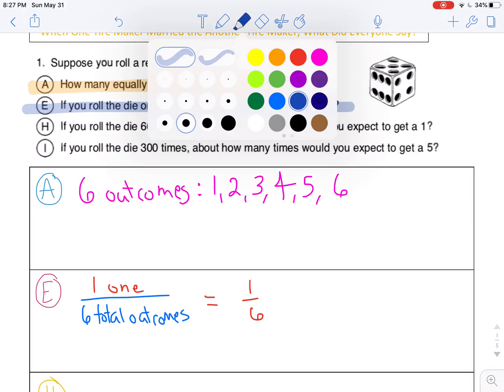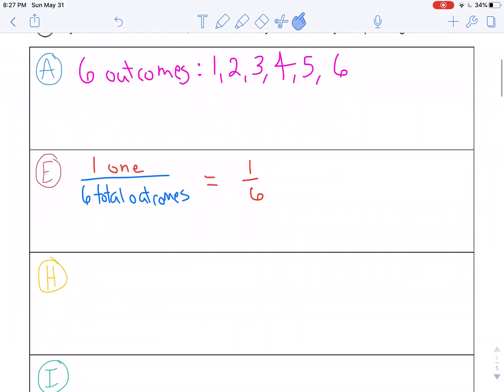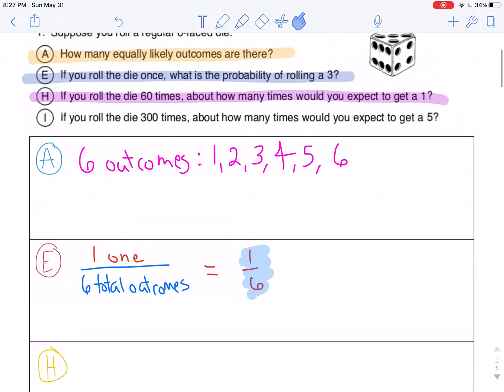All right. H is going to be the last one I do on this page. If you roll the die 60 times, about how many times would you expect to get a 1? Well, from the previous problem, in the E box right above, we said 1 out of the 6 outcomes is a 1. So the question is, what if I roll it 60 times?